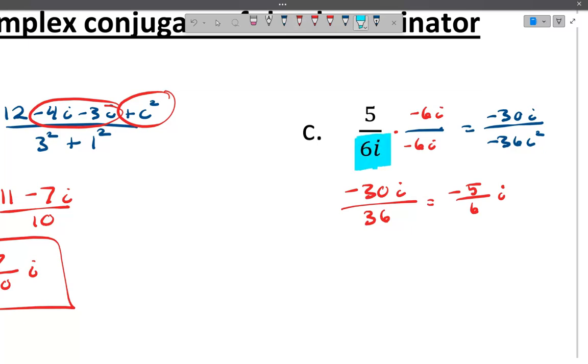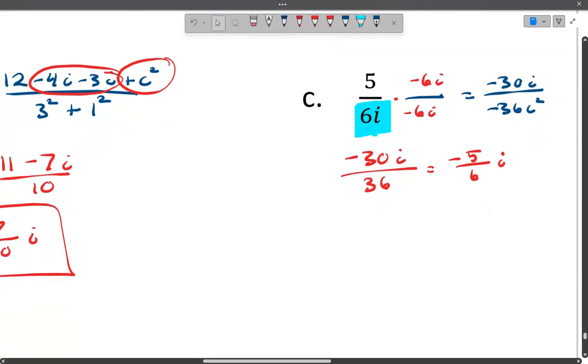A little bit of a shortcut. If our denominator is a monomial, it is just 6i, or any other monomial expression that is non-real, we don't need to actually multiply by the complex conjugate. We just need to multiply by i.